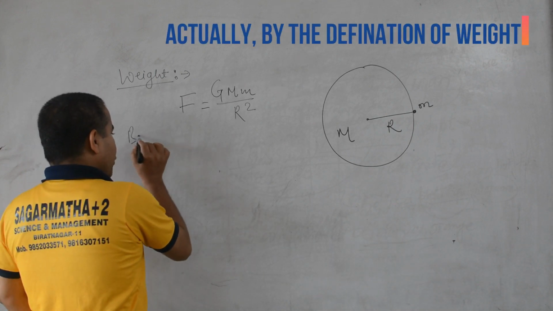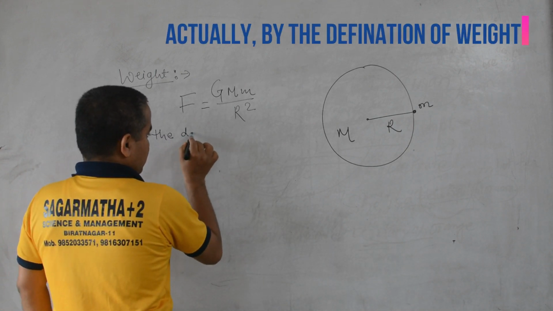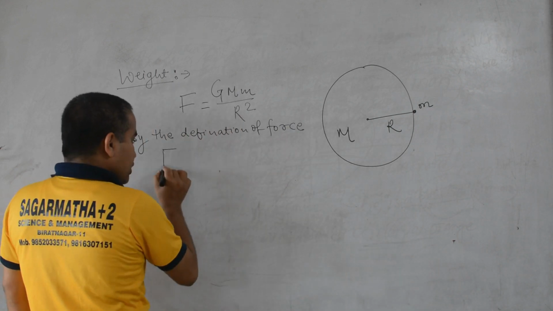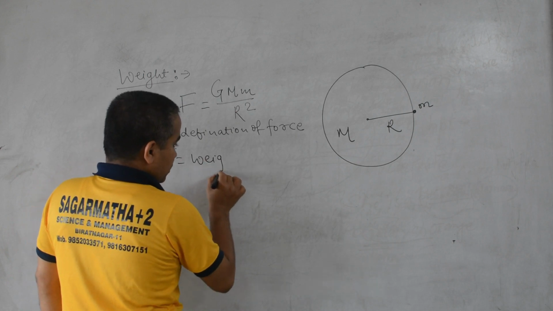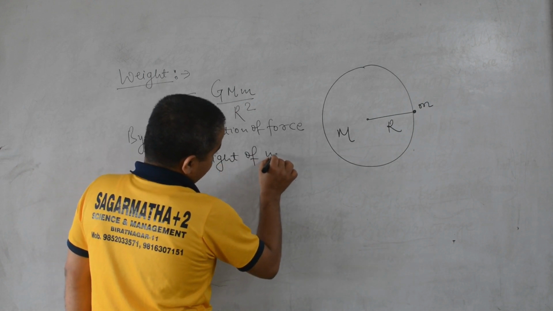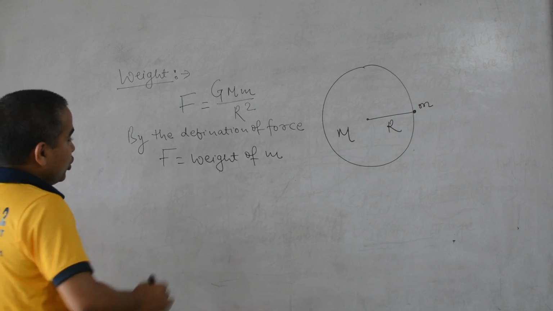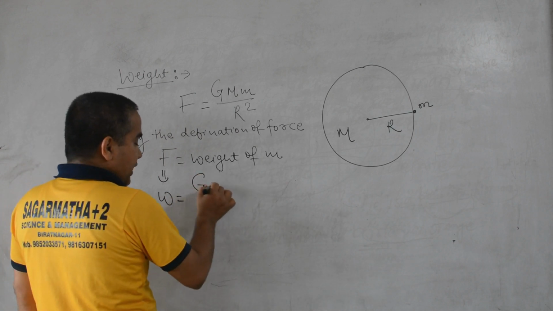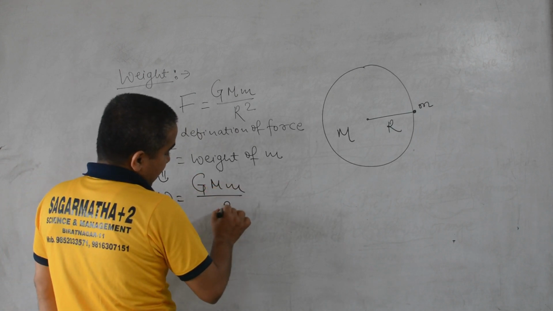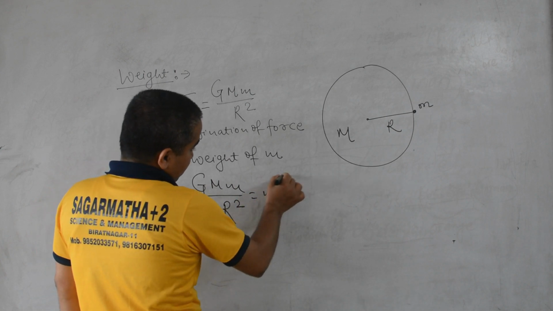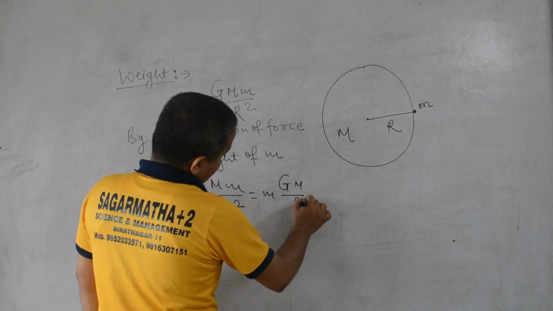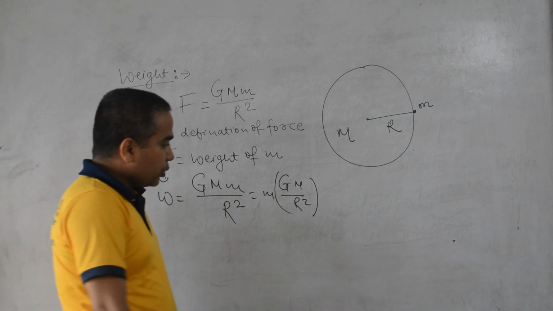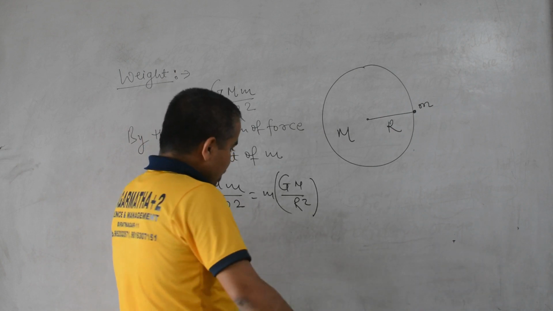So by the definition of force, I can say force F is equal to weight of m, and we know weight is represented by W, so I am going to write W for F. So it becomes G capital M small m over R square, and we all know G capital M by R square is the acceleration due to gravity on the surface of the earth, which we represent by small g.